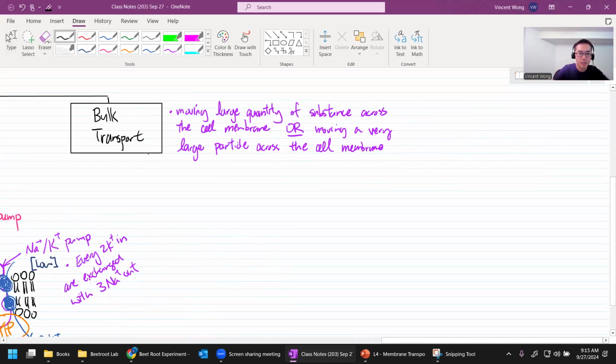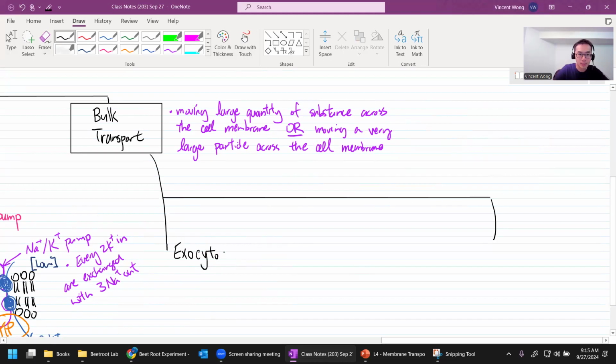For bulk transport, we have two types. Sorry, the chart is getting really messy now. Let's do exo first. This is called exocytosis.